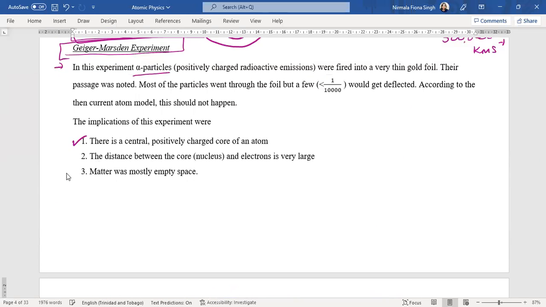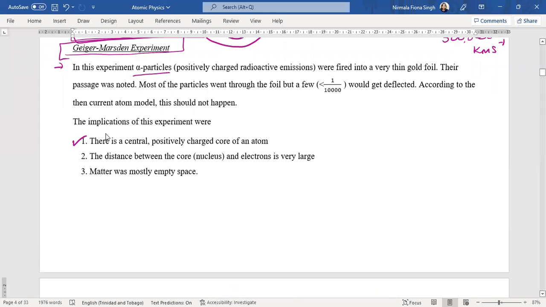One, there is a central positively charged core of an atom, which we call the nucleus. Two, a very large distance between the core and the electrons. And three, matter is mostly made up of empty space. So this is what you're supposed to take away from the Geiger-Marsden experiment.